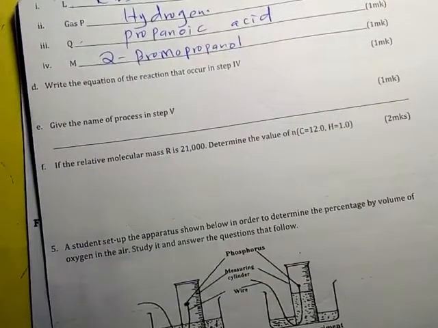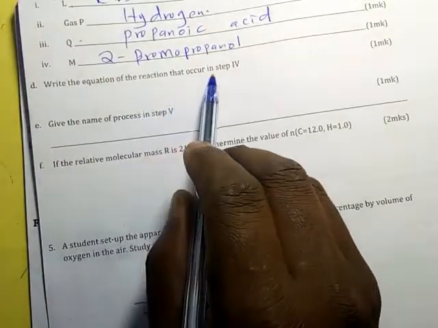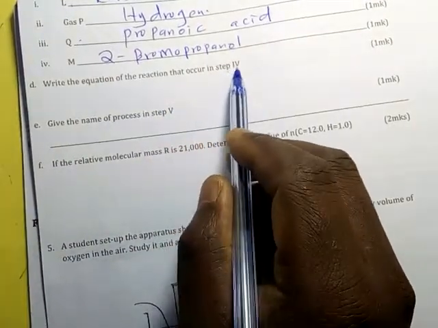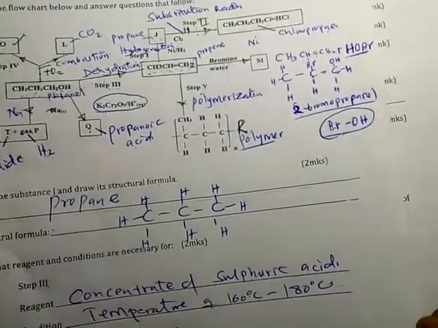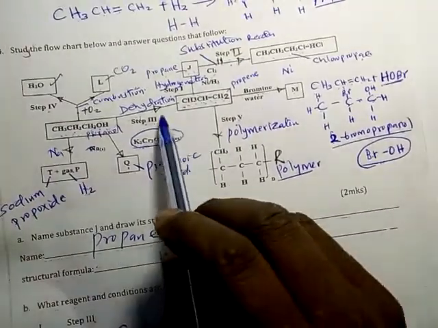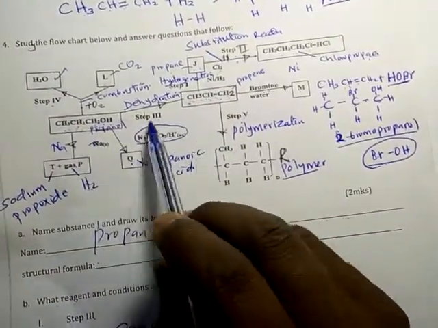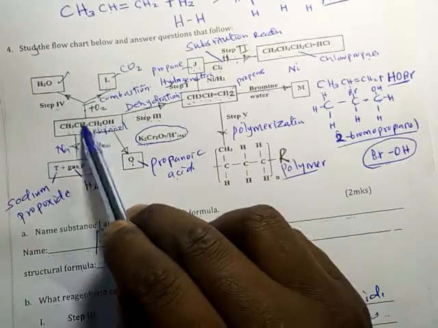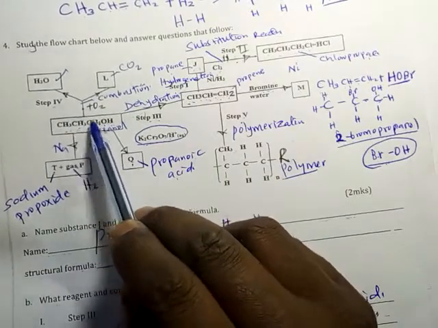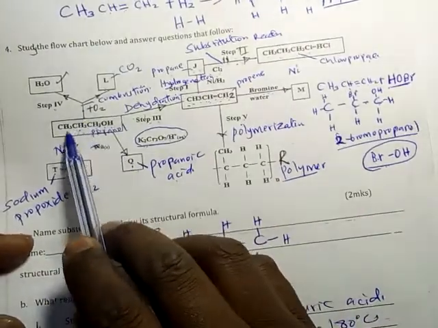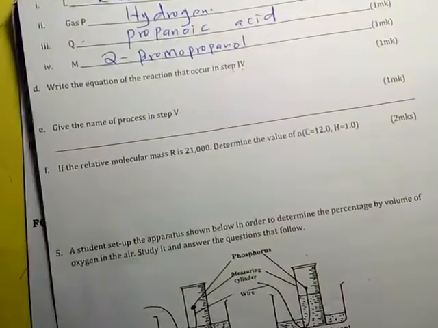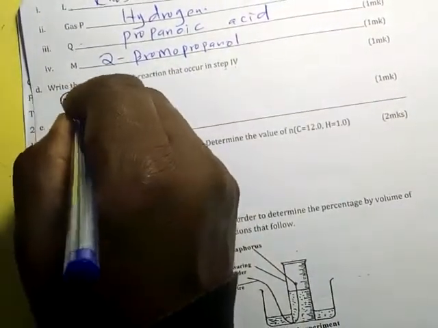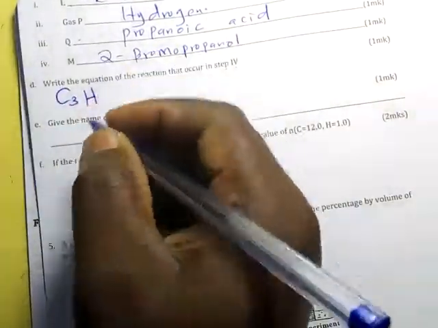Next question is, write the equation for the reaction that occurs in step 4. Step 4. Which one is that? Step 4 is the combustion of propanol, burning of propanol. Propanol is C3H7OH, so we can condense this formula.